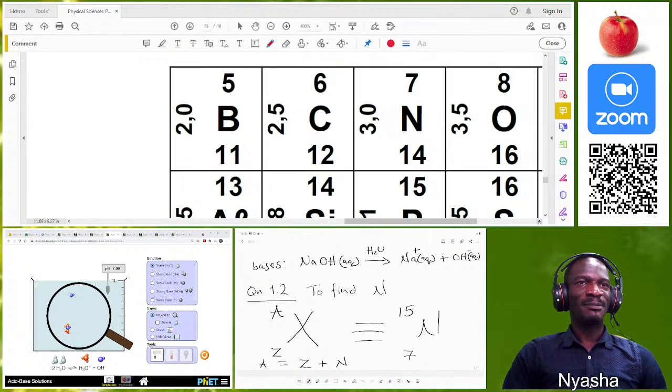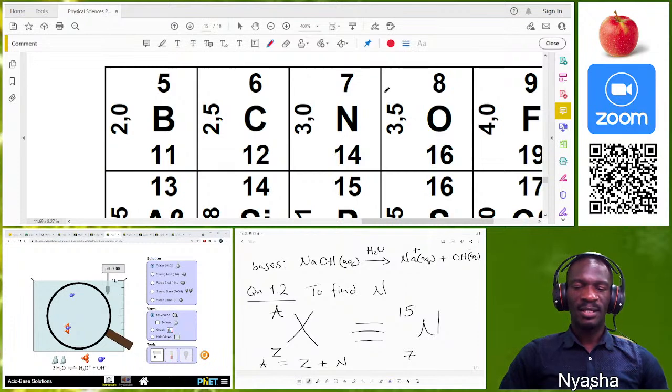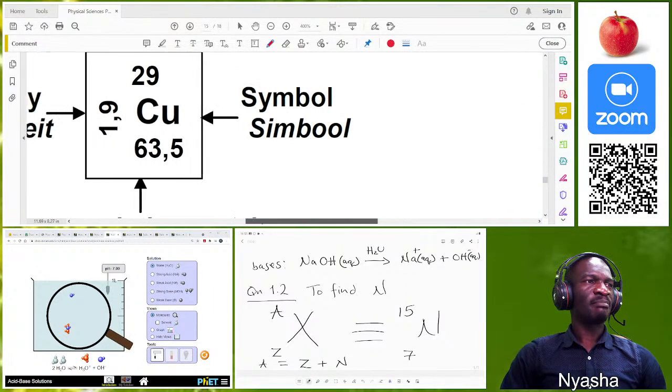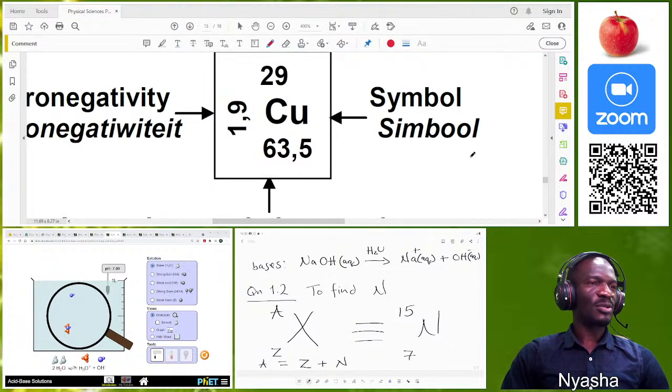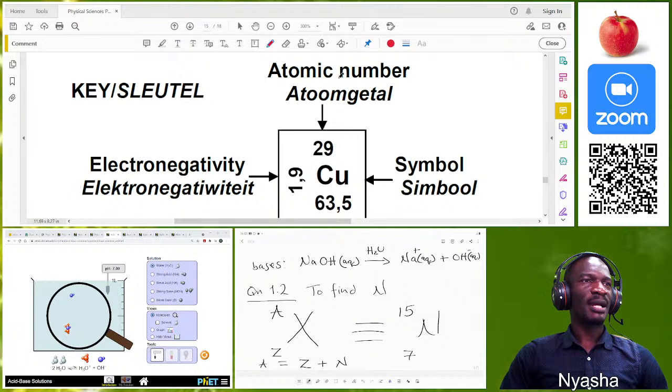This periodic table is labeled differently from how we label in the normal textbook. So let me just remind you that according to this periodic table, the mass number is actually written at the bottom. This is the mass number. The atomic number is written at the top.